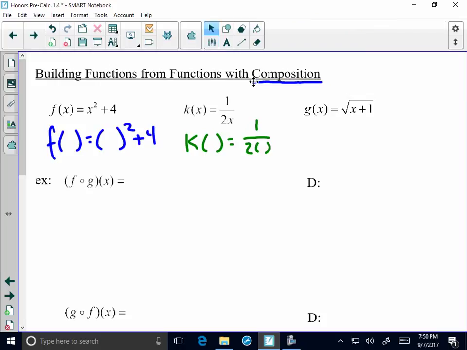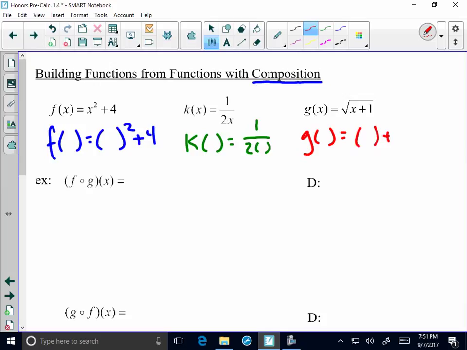Right here, when we look at g of x, we've got the square root of x plus 1, but g as a series of operations is basically going to take an input, add 1 to it, and then take the square root of that number, right?